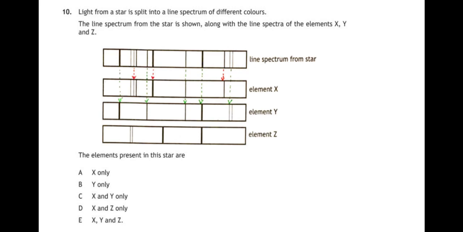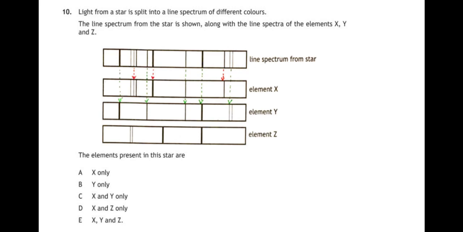The second line, two double lines, faint double lines there, they match up with two lines in element X. They also appear almost to line up with lines in element Z, but the lines in element X all match up with lines present in the star.